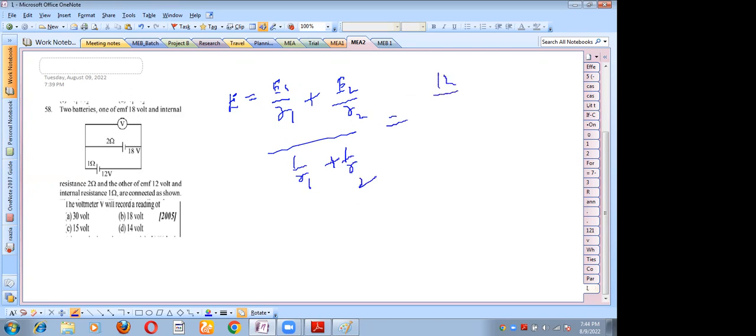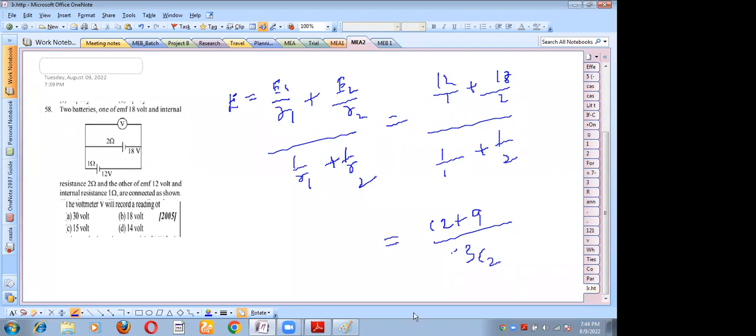So 12 by 1 plus 18 by 2, divided by 1 by 1 plus 1 by 2. So we will get 12 plus 9 divided by 3 by 2, right? 21 into 2 by 3, so 14.